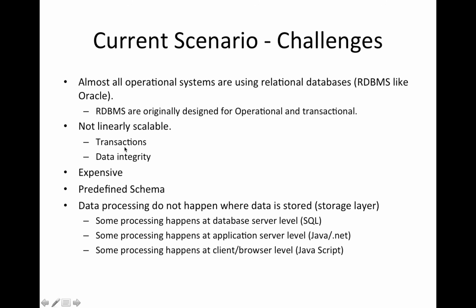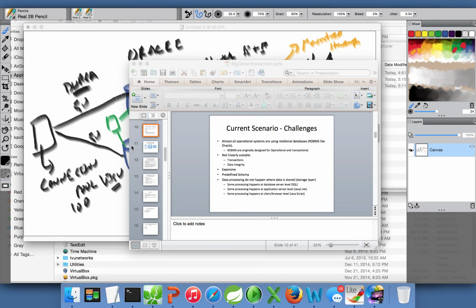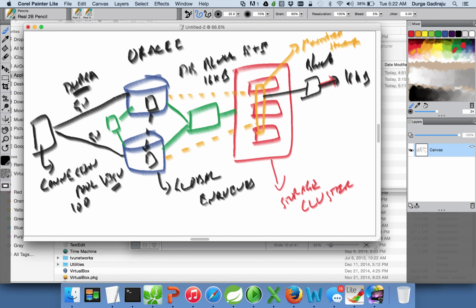I have explained about transactions. So in this case, we are trying to update data in the same data block for both Durga and Visu, and because of the global enqueues in a clustered environment, even though it is scalable, it is not linearly scalable because it has to support the transaction. It has to move the data blocks from one database server to the other database server.